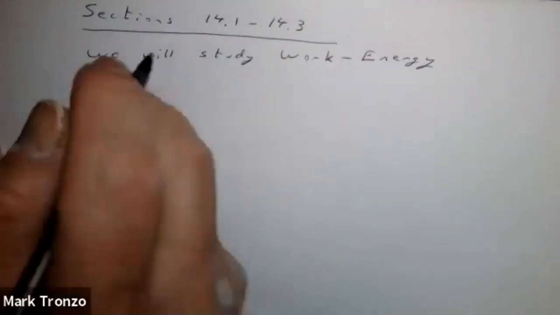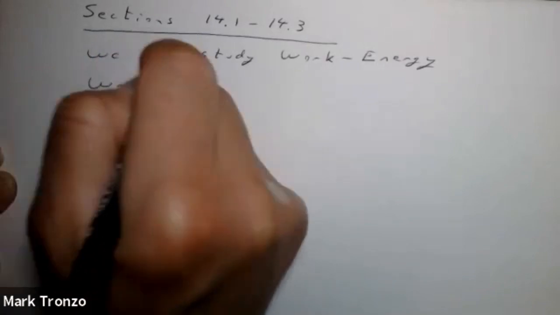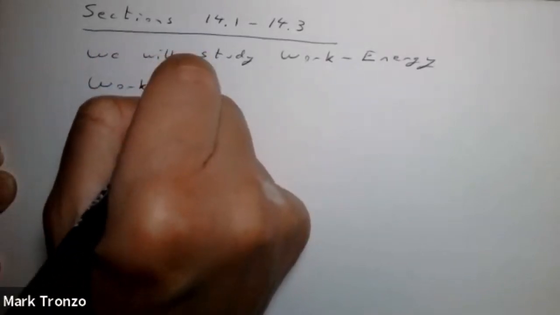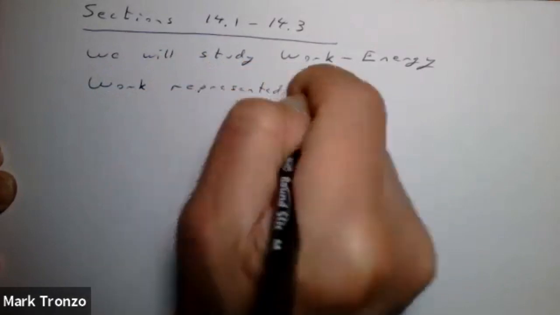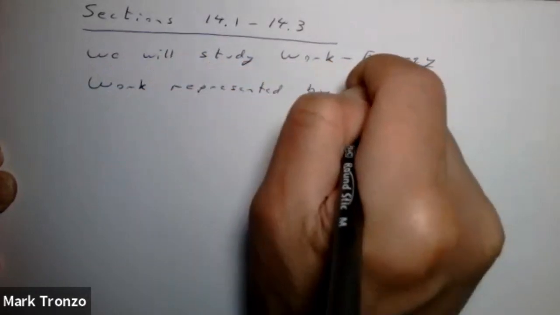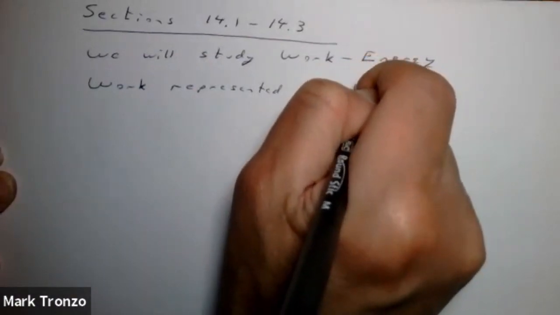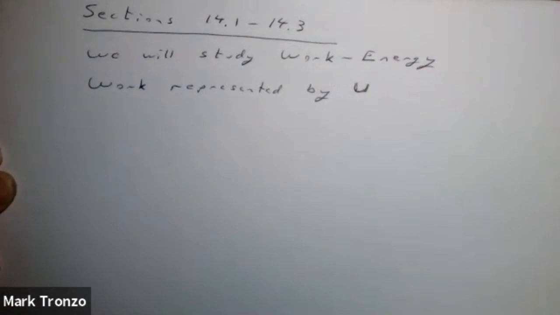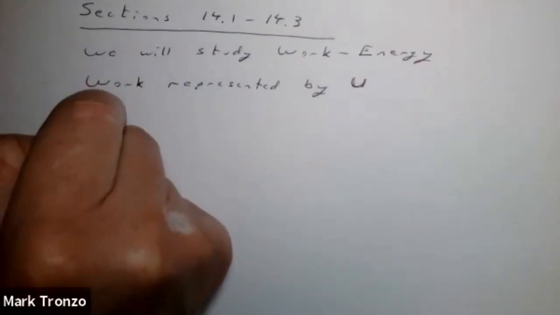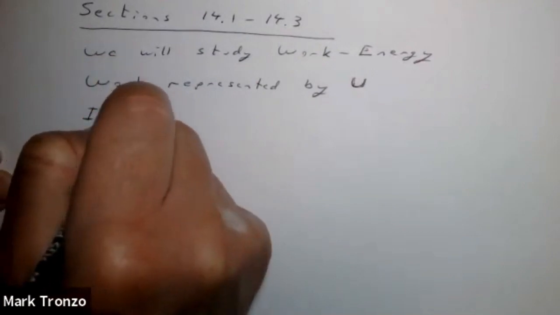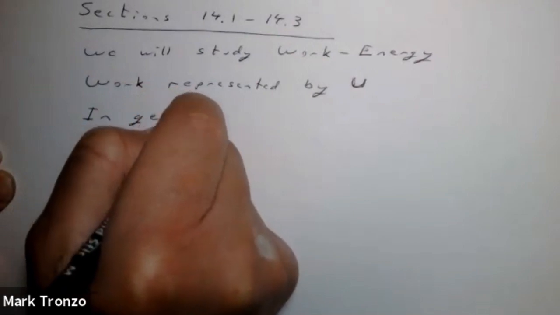And we'll represent work by U, usually by a capital U, which is what the book uses. In general, as you remember from physics, work is just going to be force times distance.